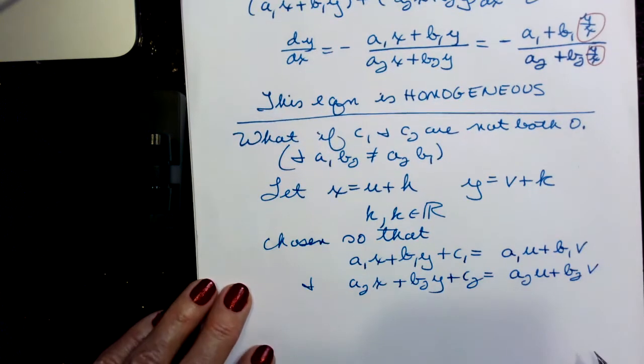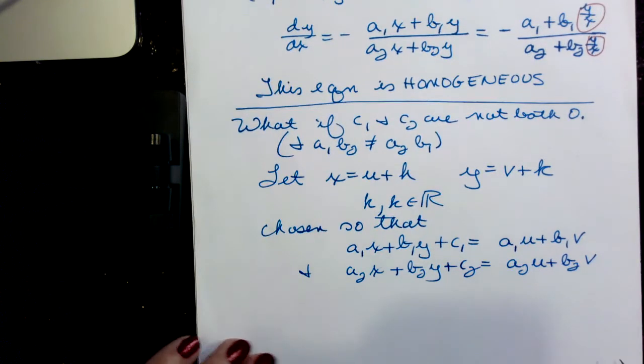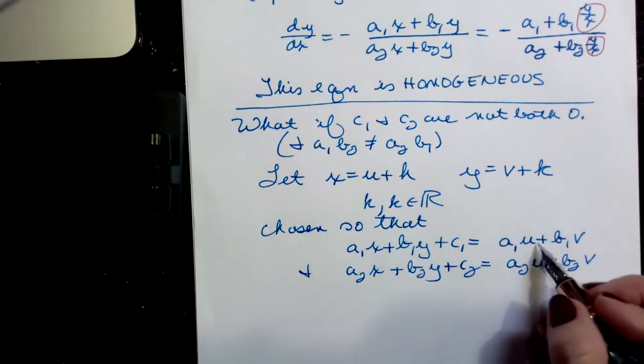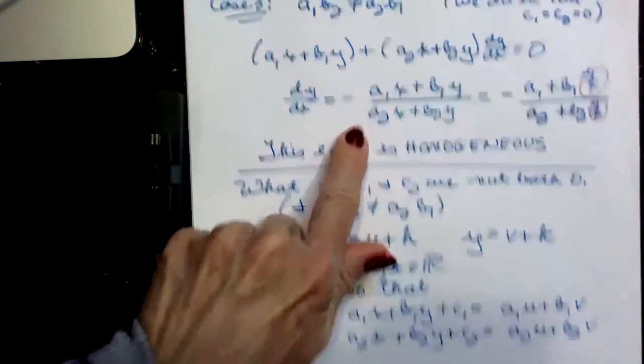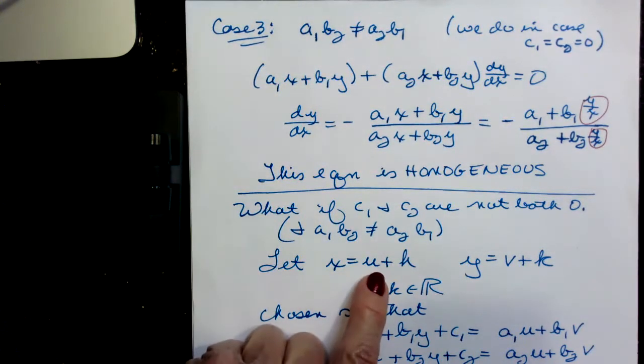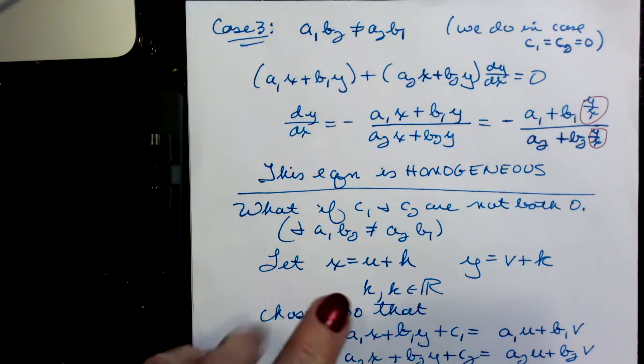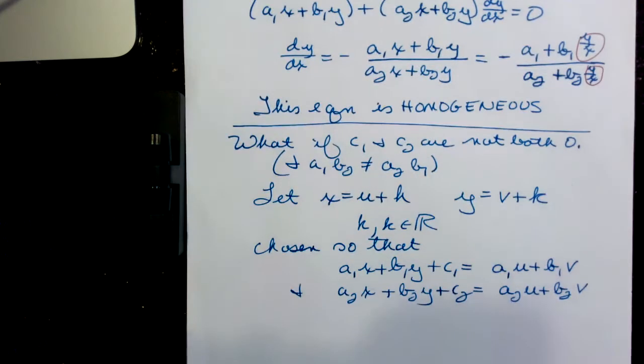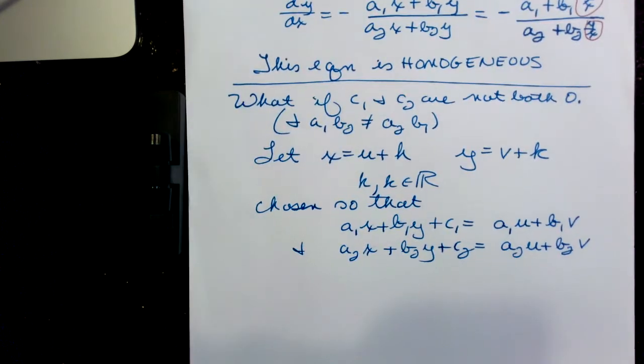So we're going to try to shift things so that we get an equation in u and v that we know how to solve from this case. Then once we solve for u and v, and we can figure out h and k from C1 and C2, we ought to be able to go back and find our x and y.